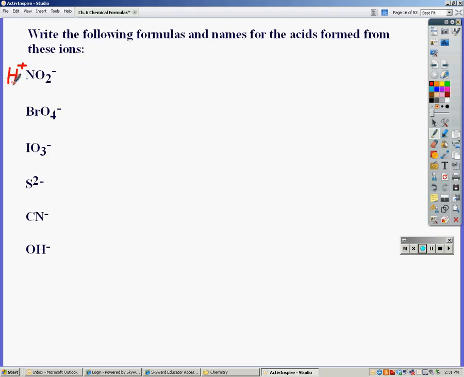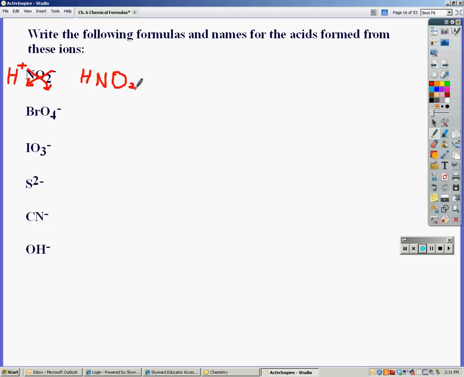Okay, so for this one, we have a +1 for the hydrogen and a -1 for NO2. So to get the formula, you crisscross, just like we do for ionic compounds. And it's just a 1-to-1 ratio. We don't write the ones. So HNO2 is our formula.